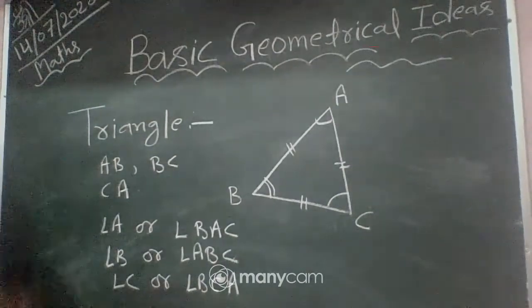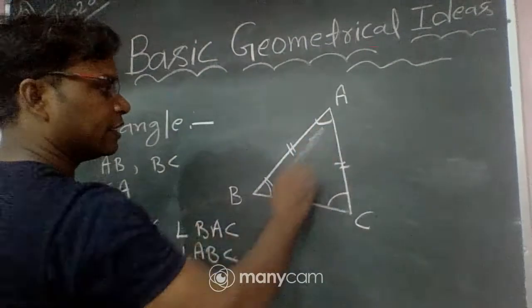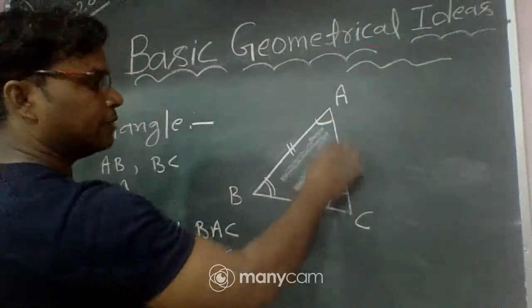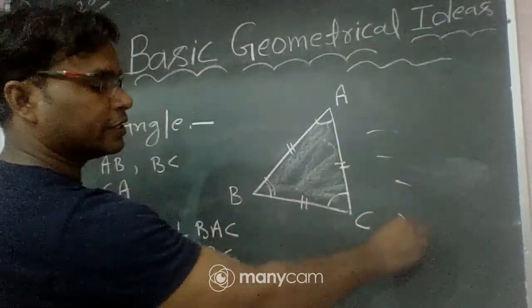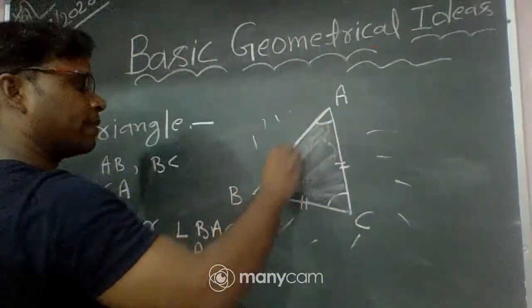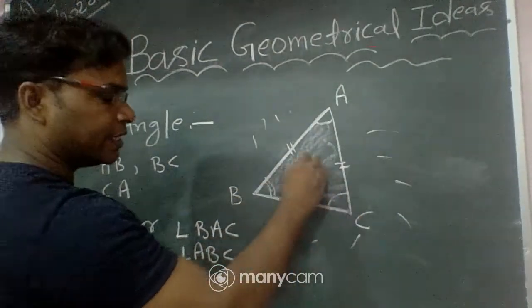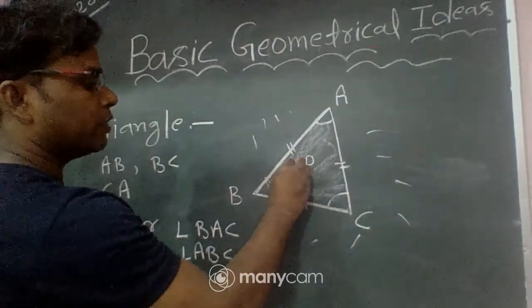This region is called the interior region of the triangle. This region is called the exterior region of the triangle. And this is the boundary. Suppose P is inside the triangle, it is called an interior point.